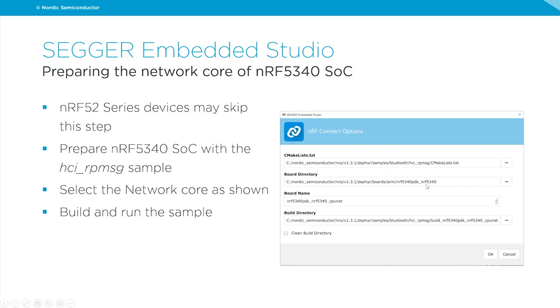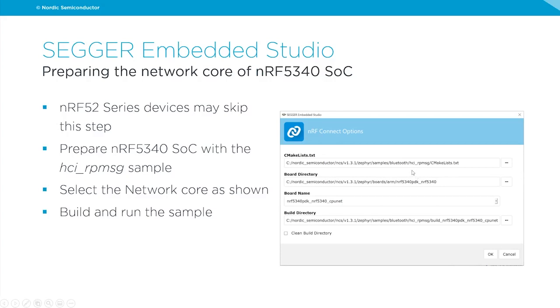You do that by flashing the HCI RPMsg sample onto your network core. Just make sure it says CPU net here when you flash that sample. And then you build and run in Segger.